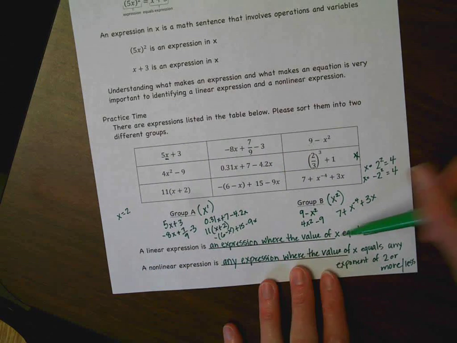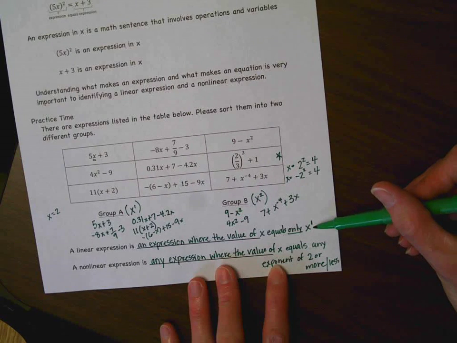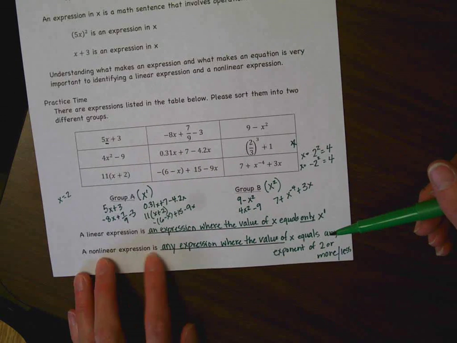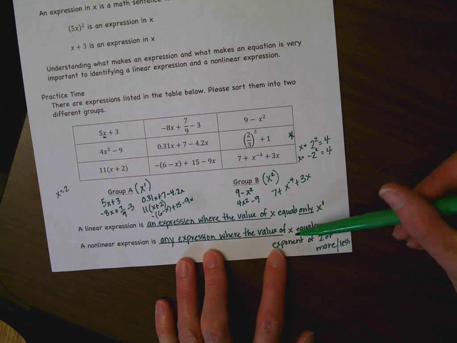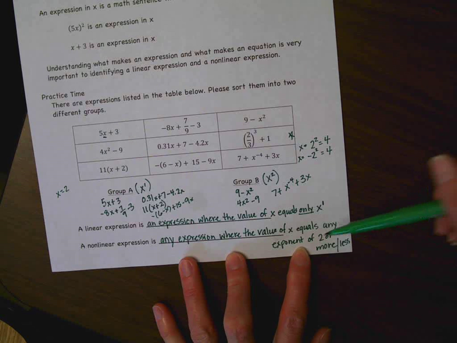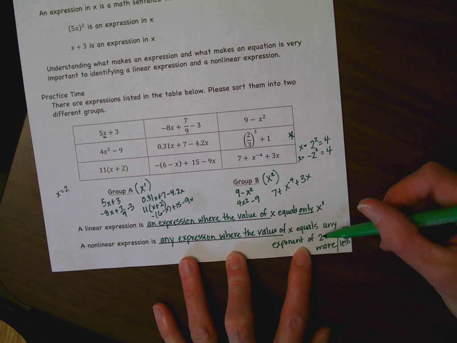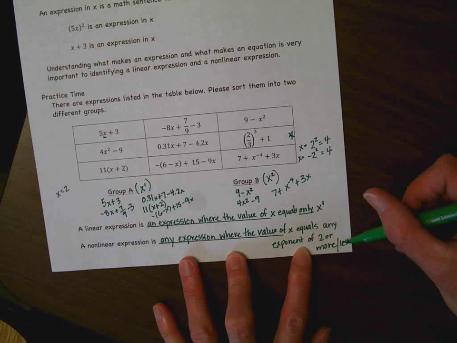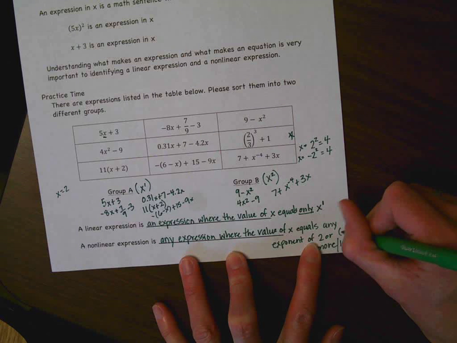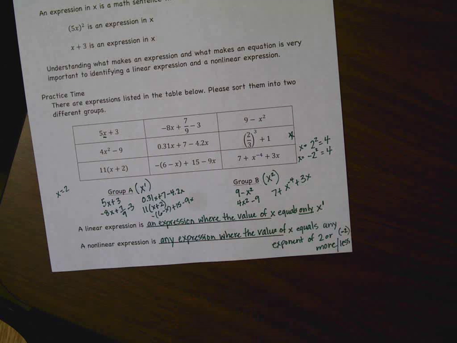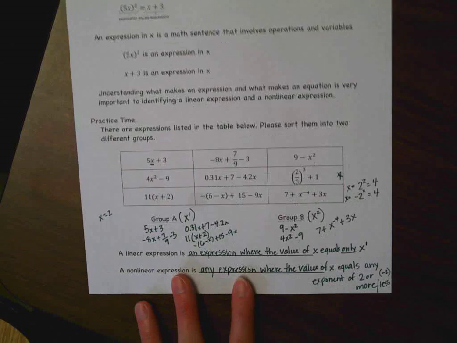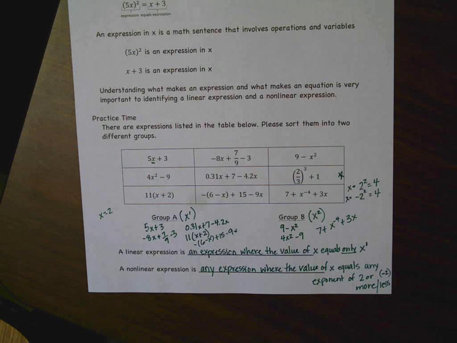Okay, so linear expressions have the value of x when it's only raised to the power of 1, whereas a nonlinear expression is any value of x where the exponent equals any exponent of 2 or more. And then when we put the "or less" in, that's if you have negative exponents. Negative exponents. So -2, -1, -3, -4, because all of those would give you a different value also when you square them. Okay. So kind of an interesting idea.